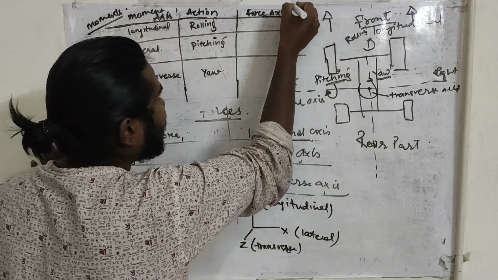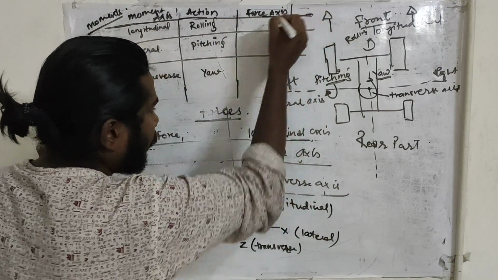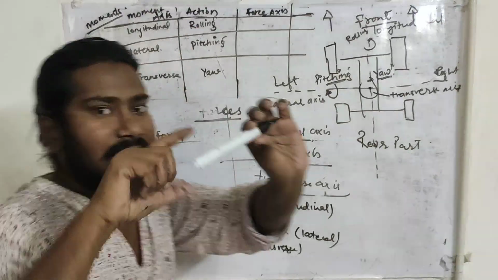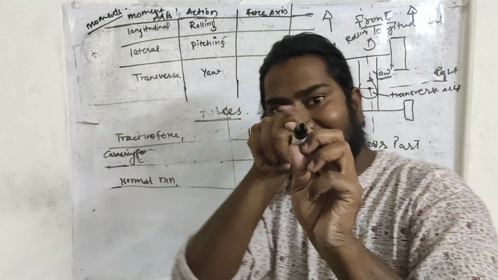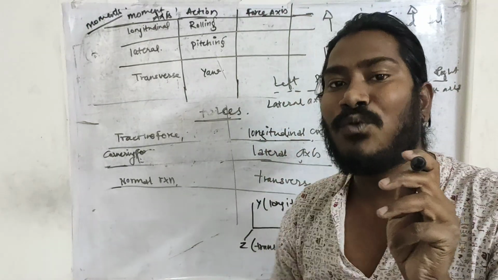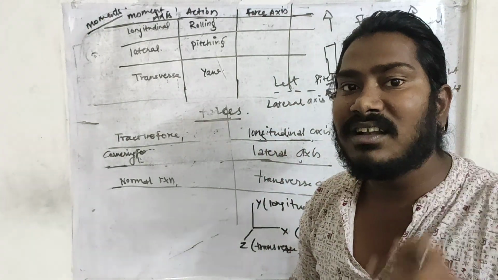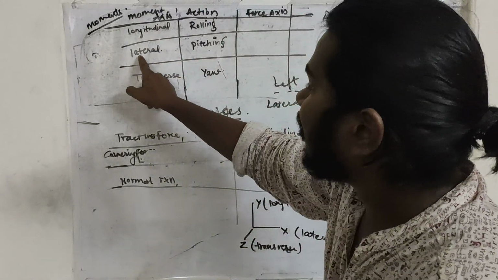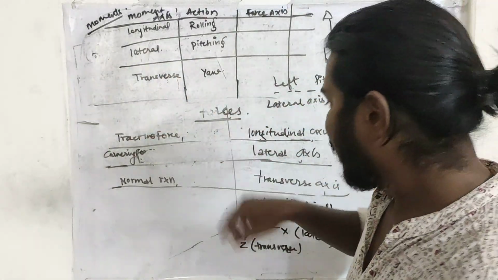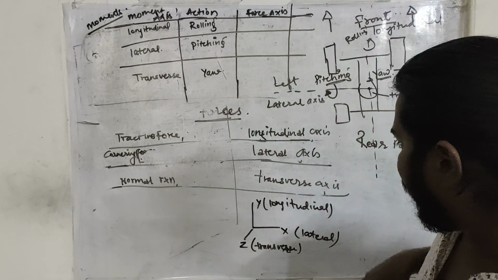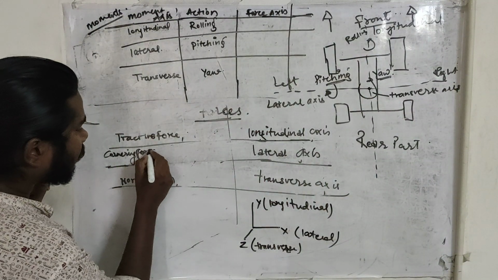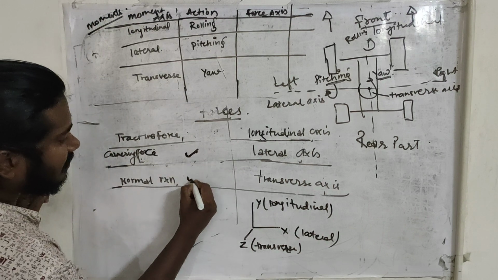Now let's check. This rolling is the resultant of two forces, the lateral force and the transverse force.